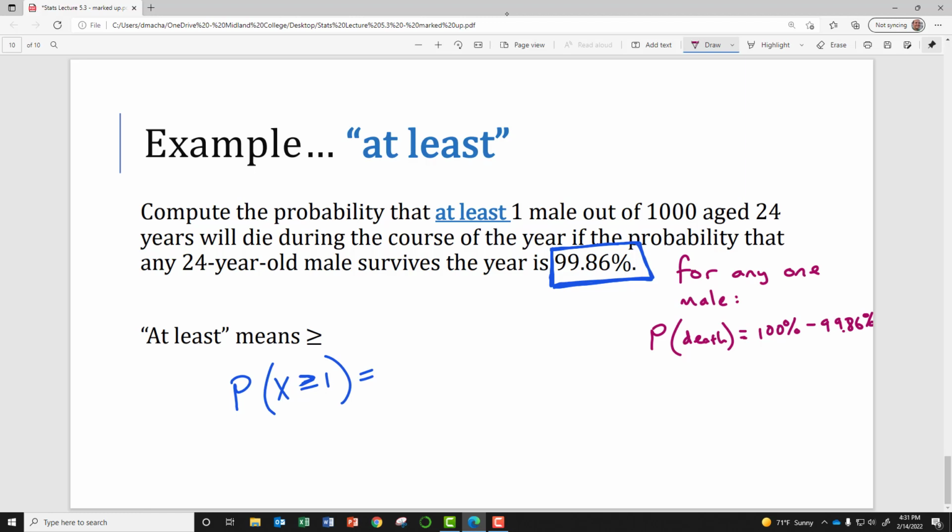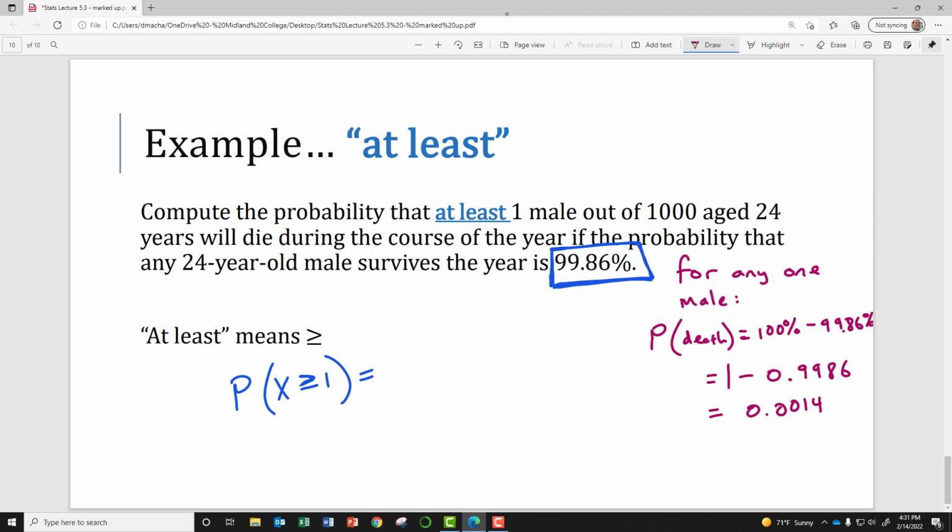Because your two options here are you'll either survive until next year or you're going to die during the year, right? So this is a complement probability. And this 100% is just 1, and 99.86% is just 0.9986. And these types of easy subtraction problems are really tough for me, but that seems like it is about 0.0014 short of 1. So I think that's actually the probability of death for any one male. So that's not our solution yet.